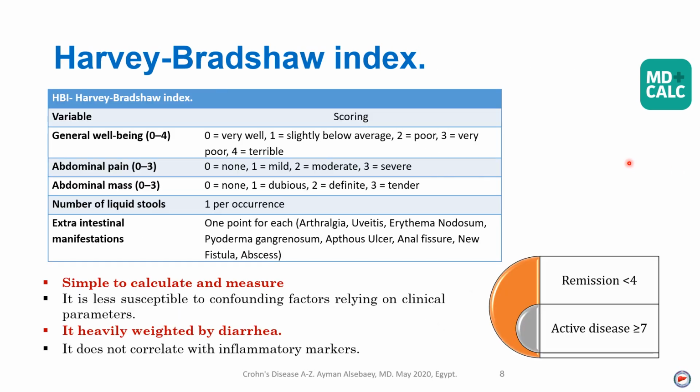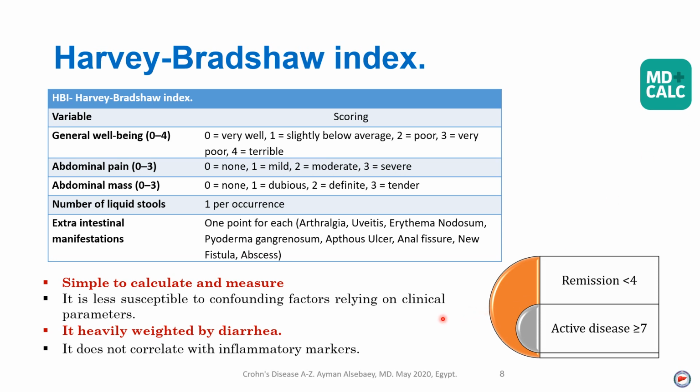Another score which is very simple compared to the CDAI score is called the Harvey-Bradshaw index. Also, if we look at it, you will find that it depends mainly on answers from the patient. Number 1, general well-being. Number 2, abdominal pain. Number 3, abdominal masses. Then the number of liquid stools and extraintestinal manifestations. Also, this score is present on this mobile application.